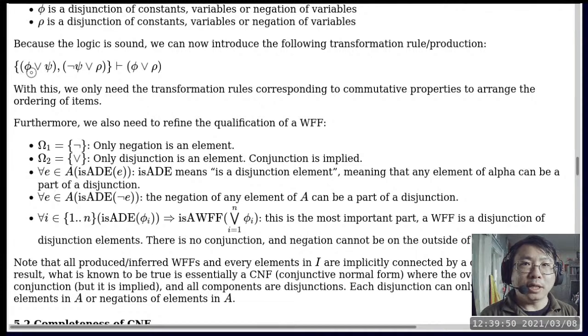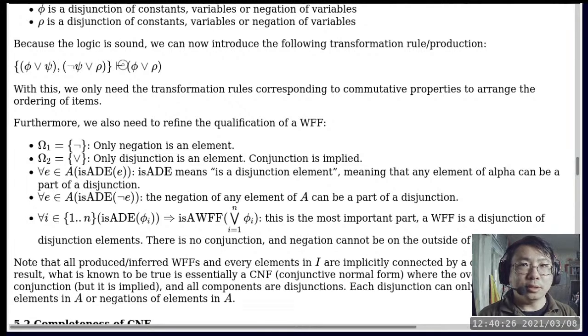If you can find me a disjunction, phi or psi, and find me another expression where it has the negation of one of these two components, in this case I just use psi, so it has the negation of psi, or rho. So this means phi and rho may or may not be related. It doesn't matter. All that matters is we have psi in one, not psi in the other, and we have two disjunctions.